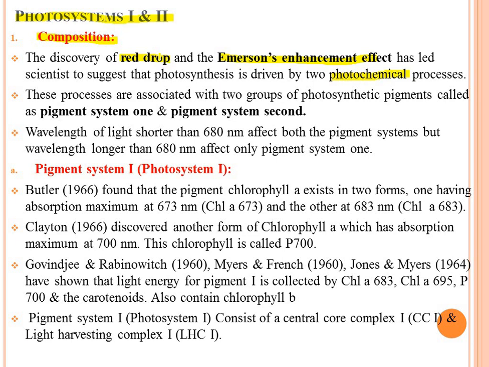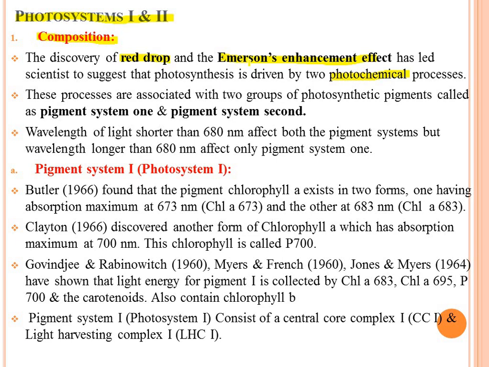When we provide a plant with only red light or only far red light, the wavelength of red light is 680 nanometer, while far red light is 700 or more than 700 nanometer, the photosynthesis gets reduced. This is known as red drop. While what is meant by immersion enhancement effect? It is also known as reversal of red drop.